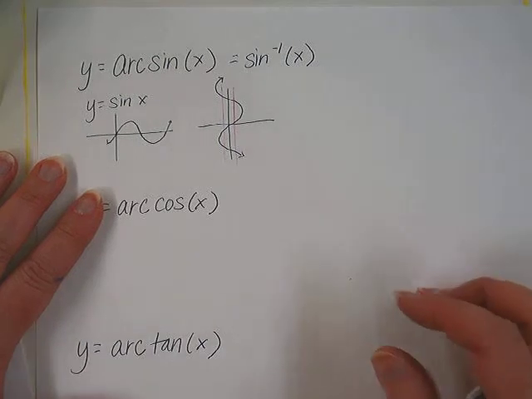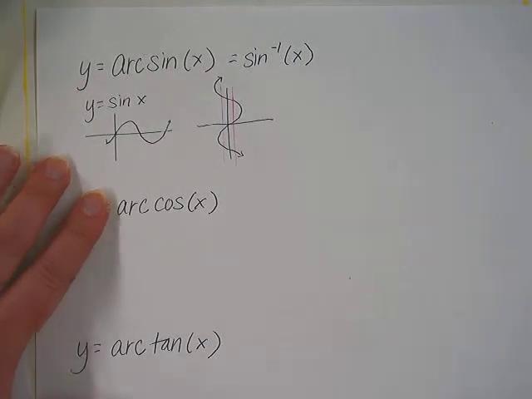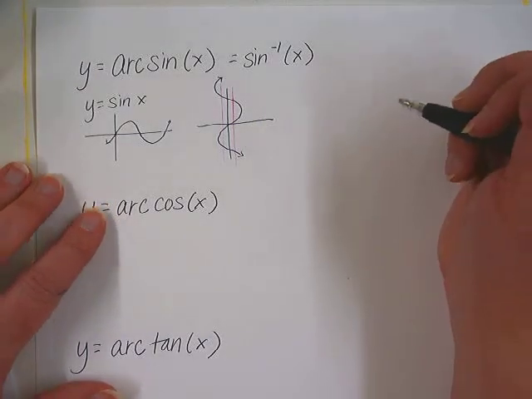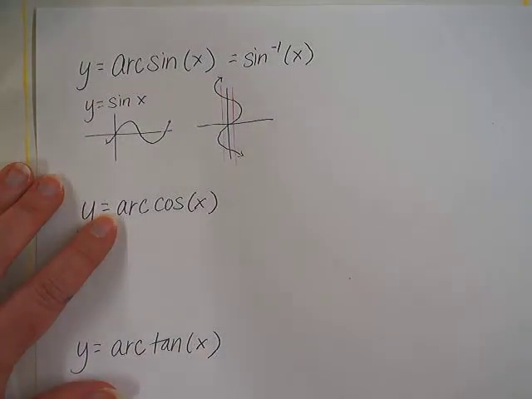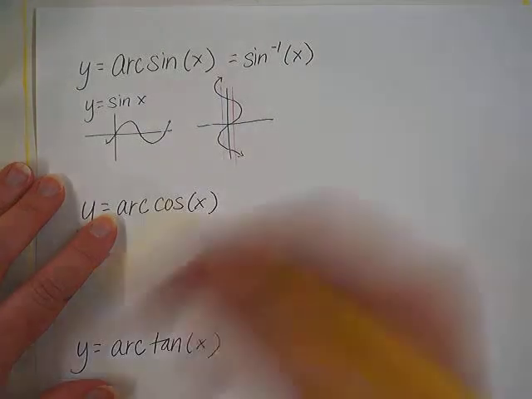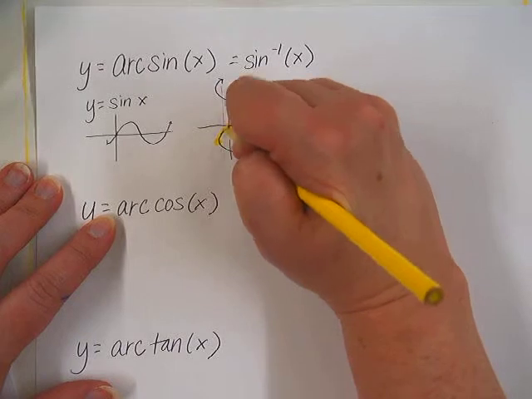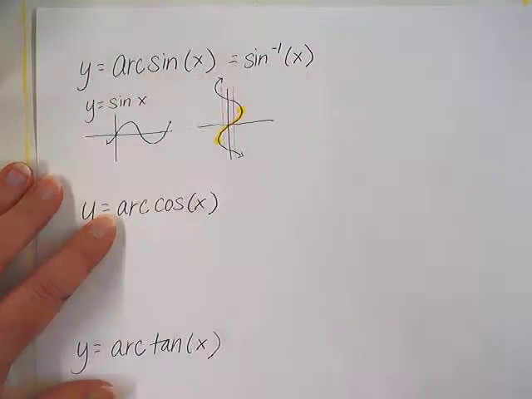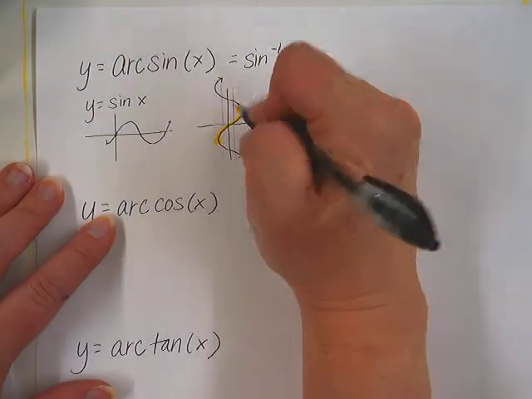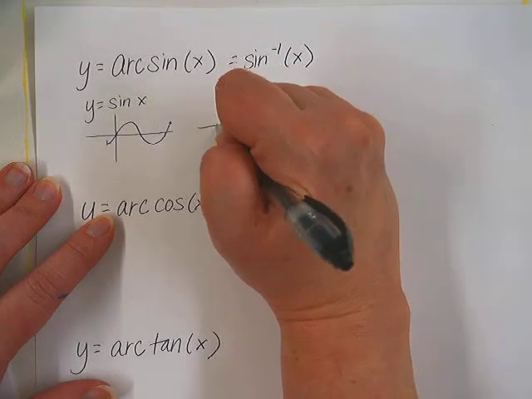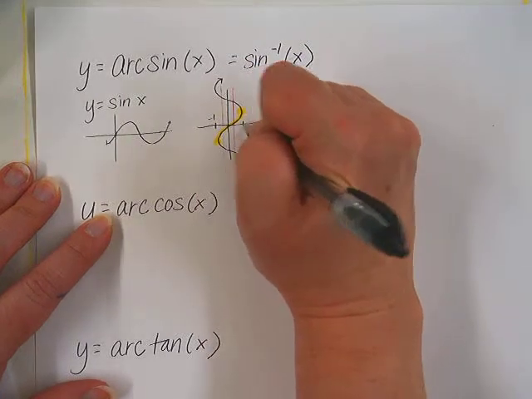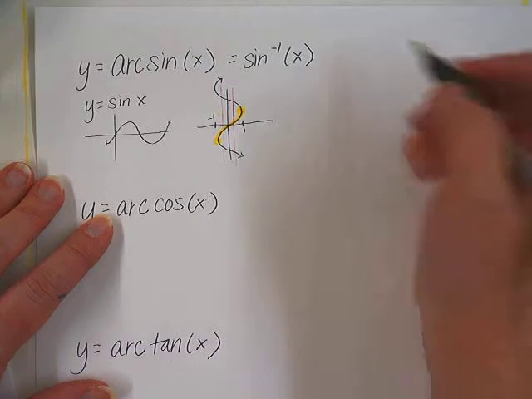In order for it to be a function, we have to restrict the values that we get out of it. So we have to restrict the range. We're actually going to restrict the range for sine to just this little portion from here to here. Okay? So for our x value, that means we're going between -1 and 1, because remember that x and y have traded.